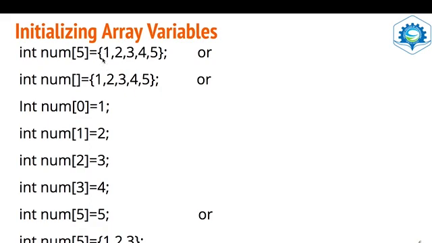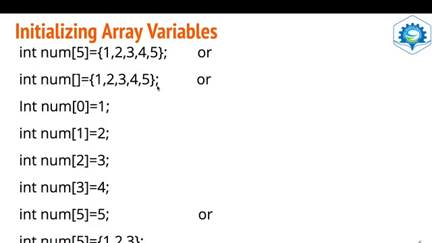Otherwise, you can do the initialization in this manner also. If you are specifying all the elements, then you need not give the array size. If you are doing initialization along with the declaration, and you are very clear about all the elements in that array, you can do it like this.